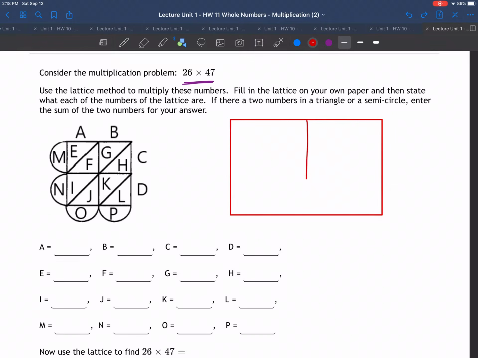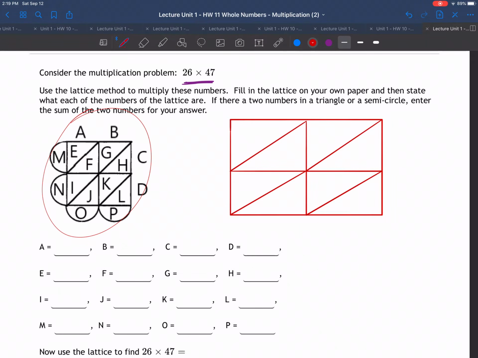Let me try again. Let's do it in pieces. There we go. All right, good. So that's a lattice array.